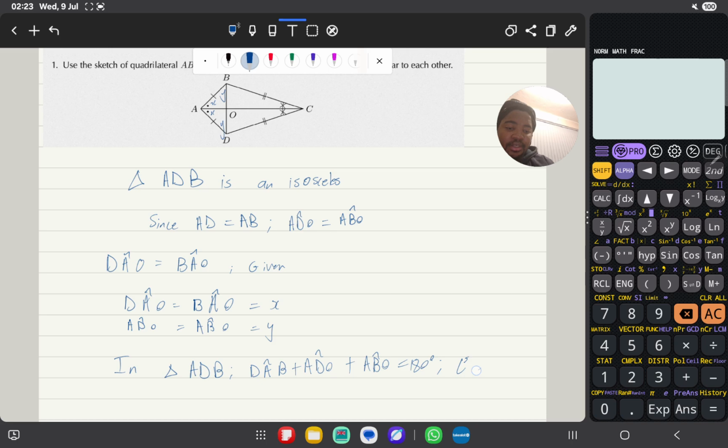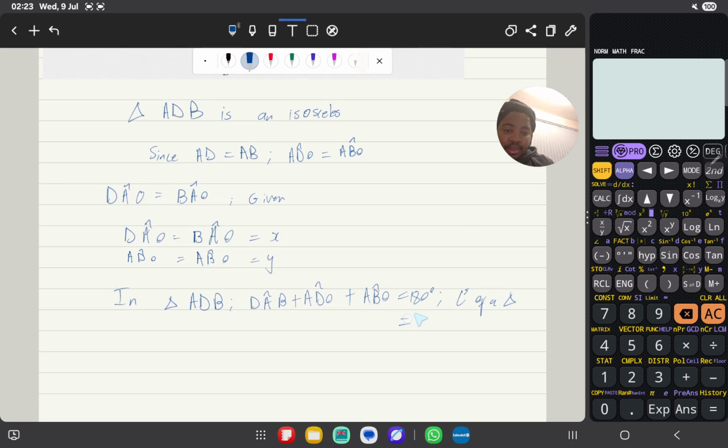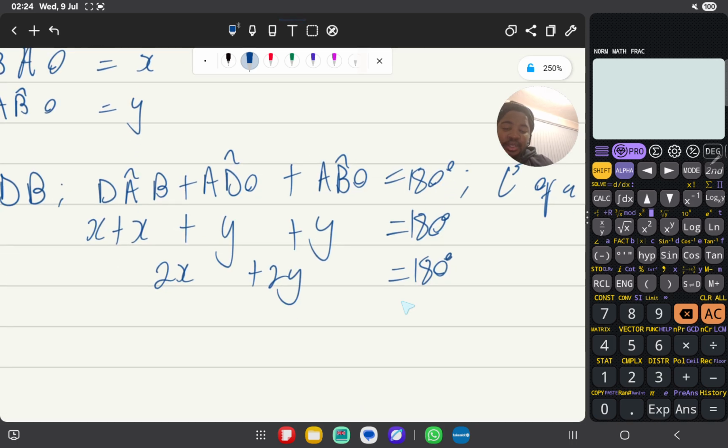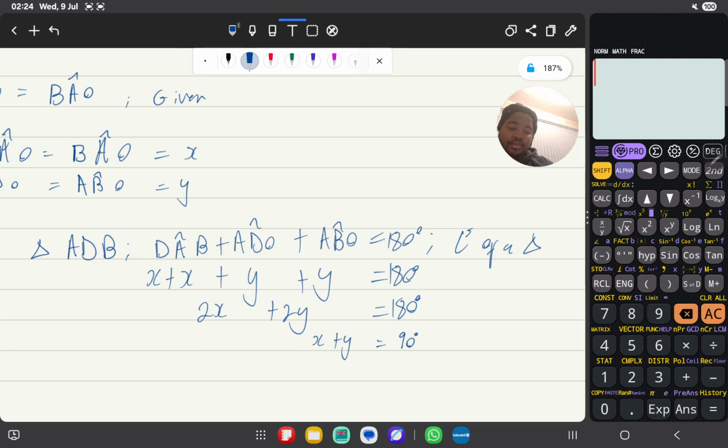You would say angles of a triangle, and then substitution. This angle is made by two angles, meaning X plus X, and then here you have your Y. Here you have 2X plus 2Y equals 180. You divide by 2, you get X plus Y equals 90 degrees.